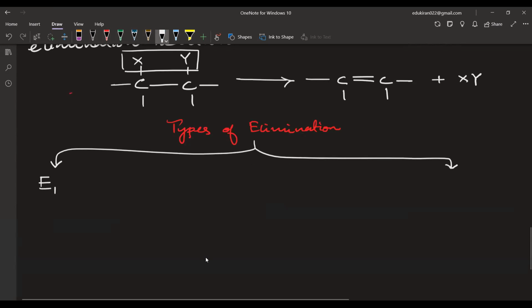Now in E1, it involves 2 steps. So please write step 1. Just like SN1, E1 also has 2 steps.